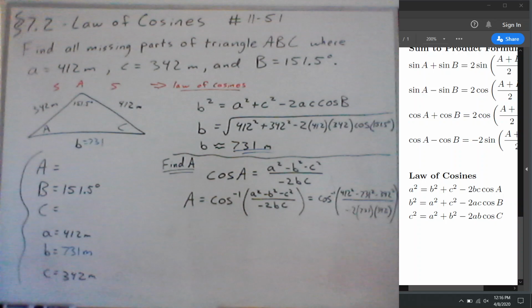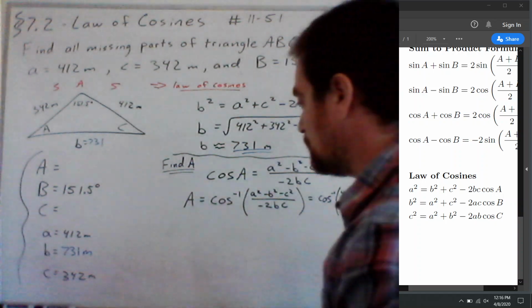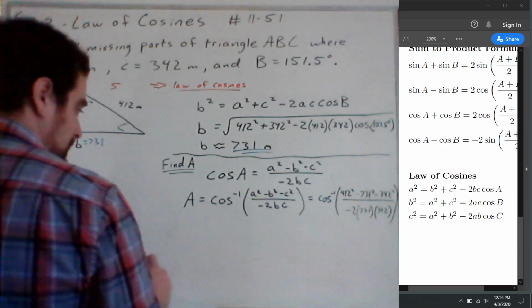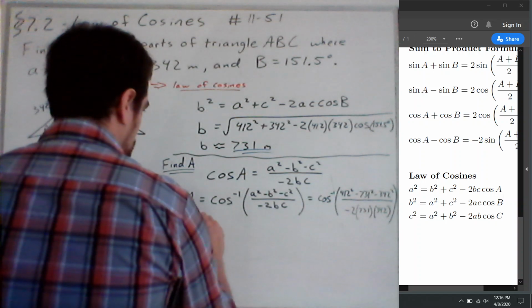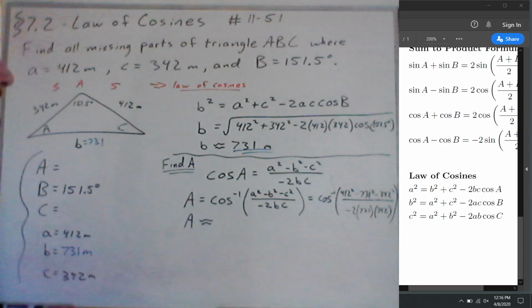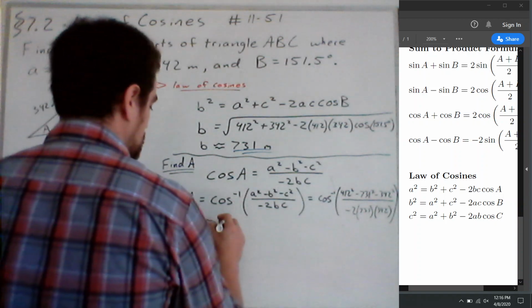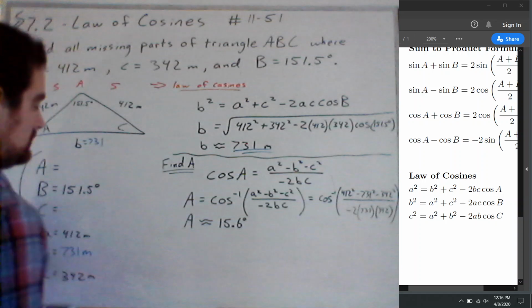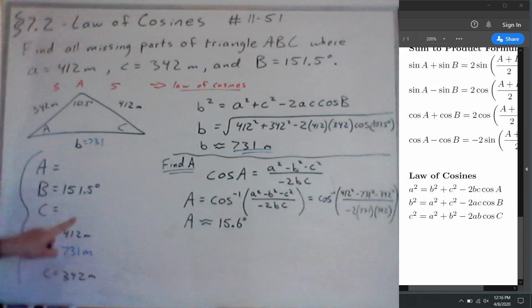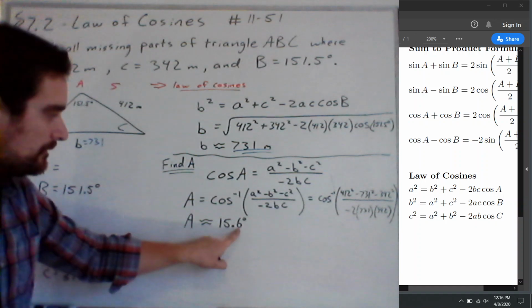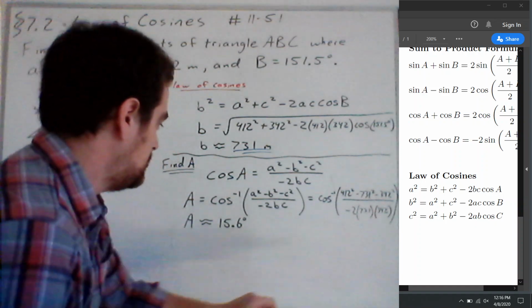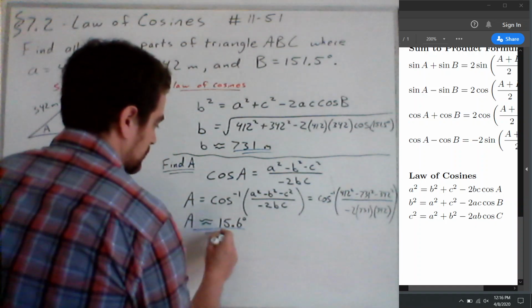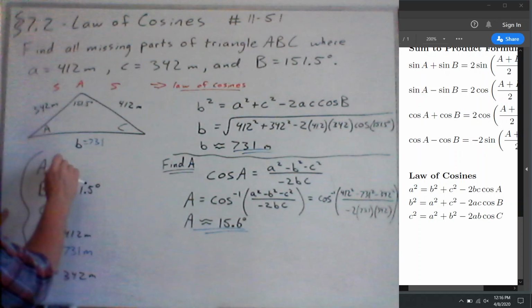The top, all those numbers need to be squared, but not on the bottom. We're just plugging in b and c as they are. And we get A is approximately, and I already went ahead and did it, 15.6 degrees. This angle has a half angle in it, so we'll round that to the nearest tenth, 15.6 degrees. We'll be as accurate as they are.